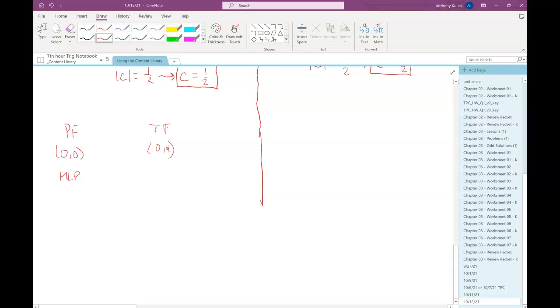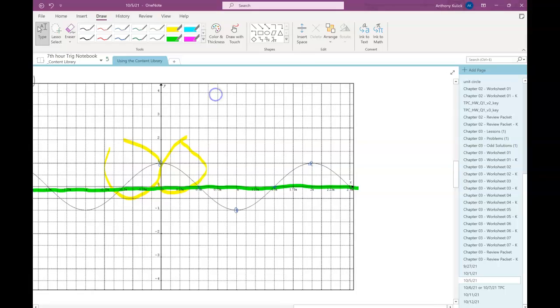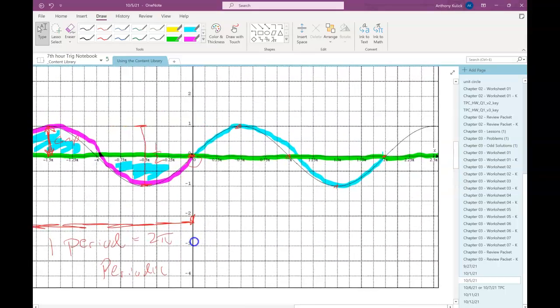Now, here's the trickiest part. Now that we've picked our midline point to match up with our parent function, there's actually two kinds of midline points. So if we go back and look at the graph of sine real quick. Oops, that's cosine.